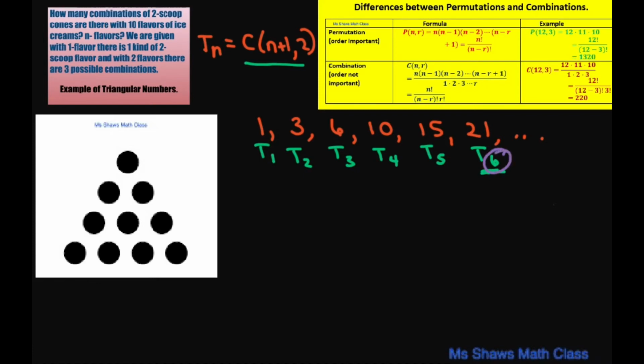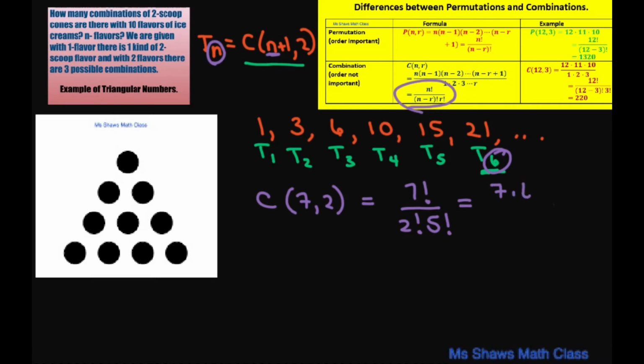My index number is 6, so that's what I'm going to put here. 6 plus 1 is 7. 7 choose 2 is 7 factorial divided by 2 factorial times 5 factorial. Spreading this out, this is 7 times 6 times 5 factorial divided by 5 factorial. 2 factorial is just 2, so that cancels out. What this equals is 42 divided by 2, which gives us 21.